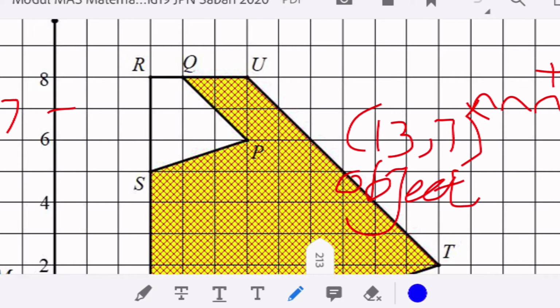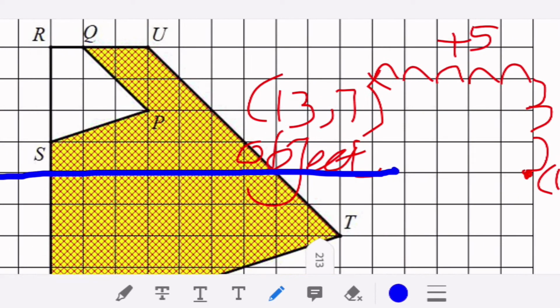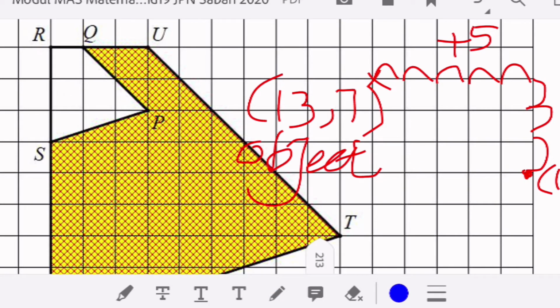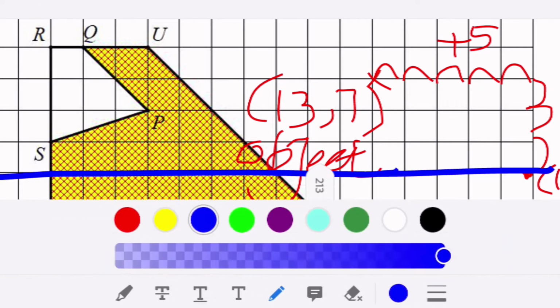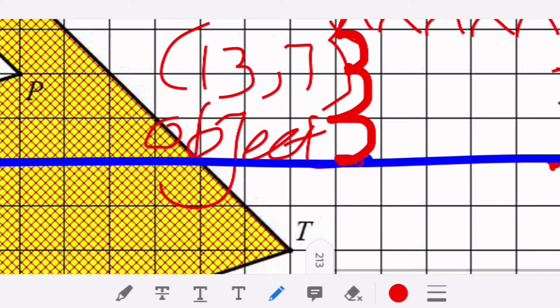Now we proceed to the next one, where you have to reflect first. Reflect in the line y = 4. So we look for the line that cuts the y-axis at y = 4, and we draw the line so that it is clear when we do the reflection. We go back to the object (1, 3.7) and reflect it in the line.